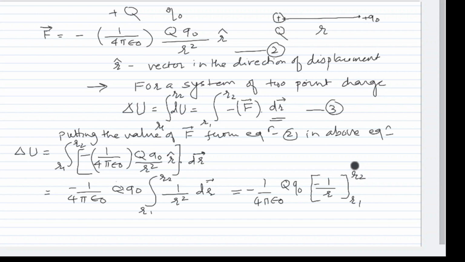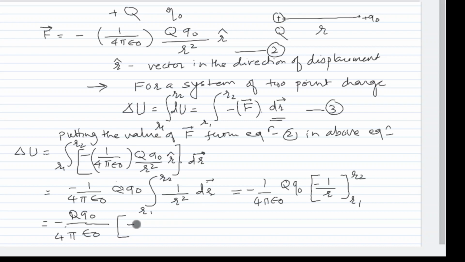This is called the upper limit, this is called the lower limit while solving the integration. So now here again I am taking minus 1 upon 4 pi epsilon 0, Q into Q0, and after solving we will get here.